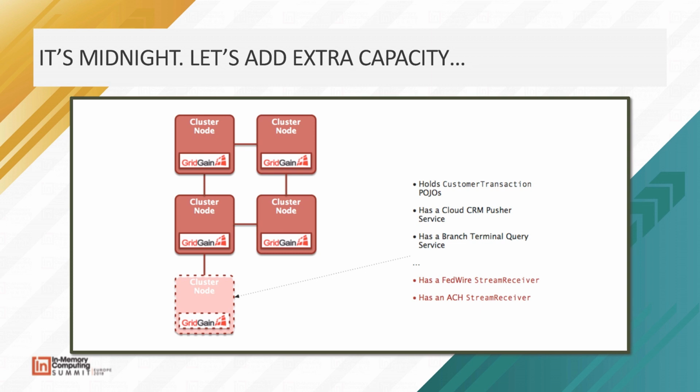But yet we get the customer transaction POJOs, the cloud CRM pusher service, and a branch terminal query service. And the other thing that has to happen is when you add a new cluster node in almost all in-memory data grids, data is elastically rebalanced. So there has to be data movement over the network from these 4 nodes to this new 5th node in an attempt to achieve a relatively uniform data distribution.